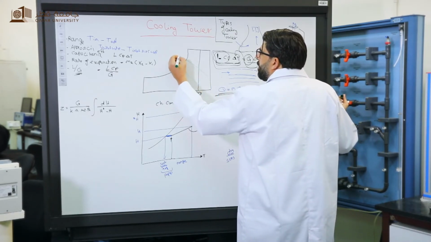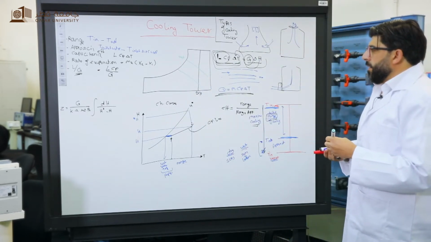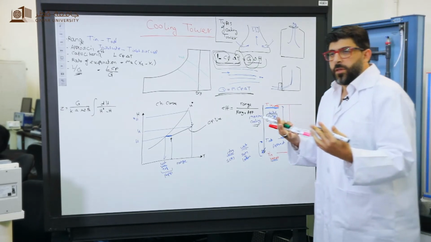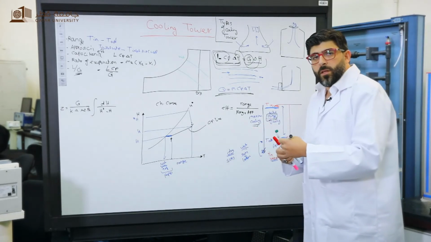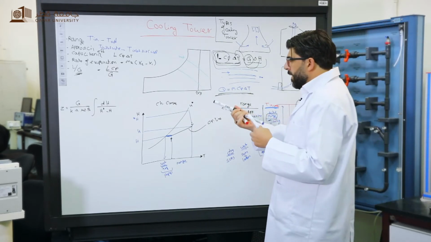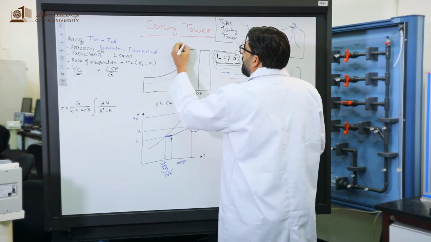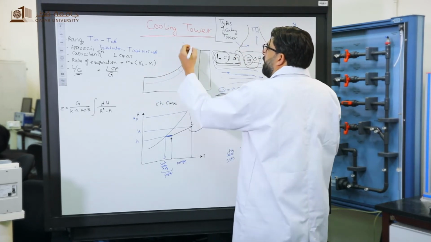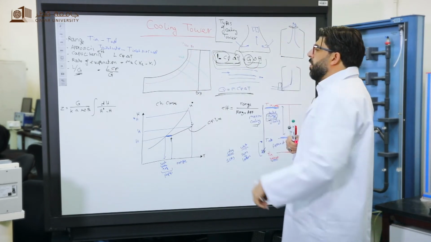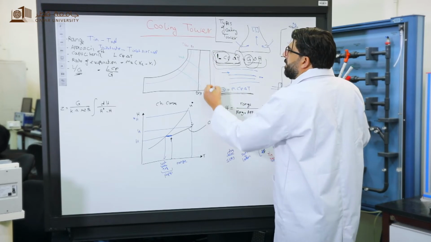For humidity, we have two types: absolute humidity and relative humidity. Relative humidity has curves like this. This one is 100% relative humidity, then 90%, and it decreases as we go down. Also, we have the other humidity, absolute humidity.